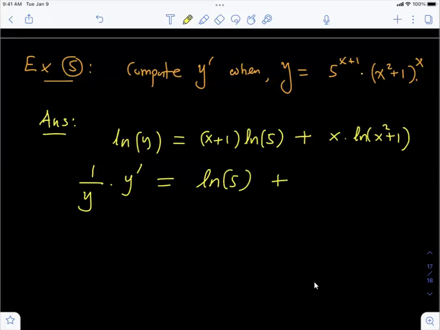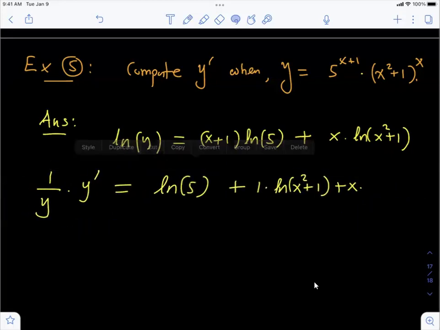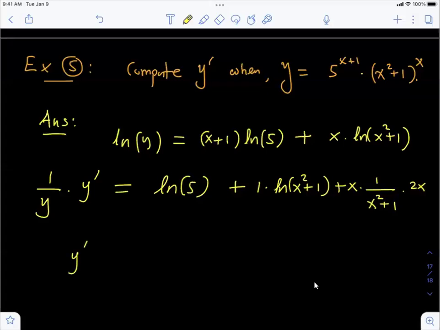It's a multiplication. So 1 times ln(x squared plus 1) plus x times the derivative of the component, which is going to be 1 over (x squared plus 1) times 2x. So y prime is now going to be, cross multiply by y, and that's going to be exactly the same function that we began with, 5 to the (x plus 1) times (x squared plus 1) to the x.